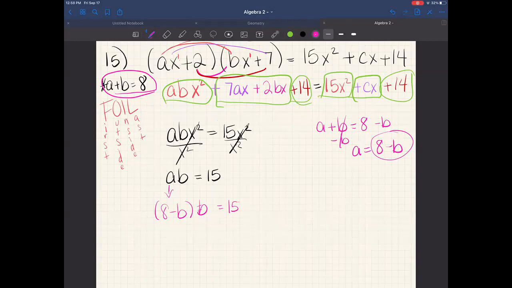Yes? So far, so good? Okay. I'm going to keep going. That's going to be 8B. Wait. No. That's not going to work out so well.